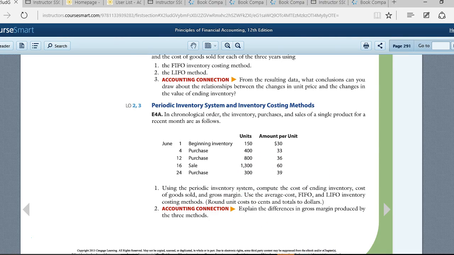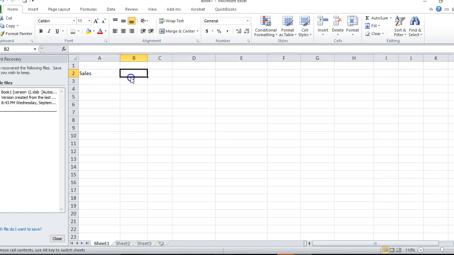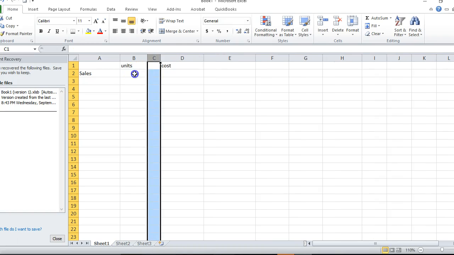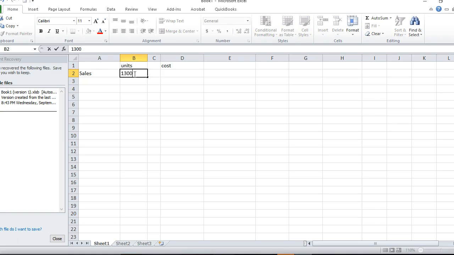So the first thing we're going to do is show the number of units and the cost. So we sold 1,300 units at 60 bucks.